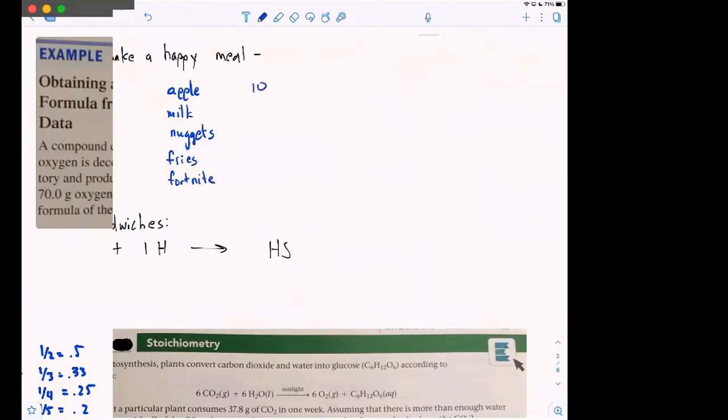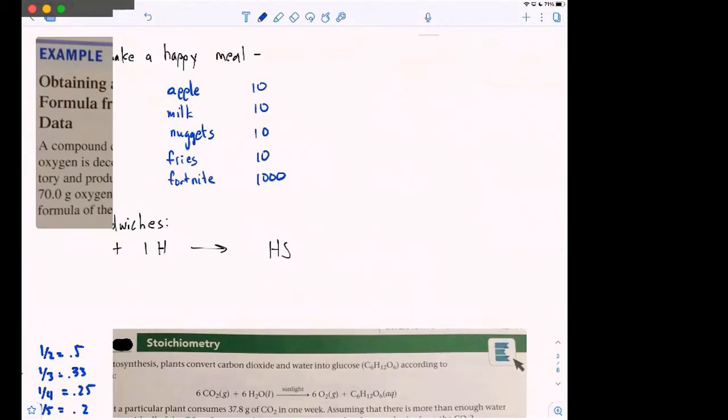Yeah. So if I have 10 apples, 10 things of milk, 10 whatever, how many nuggets is it? 6 or it doesn't matter. 10 satchels of nuggets, 10 fries, and 1,000 Fortnite toy things.